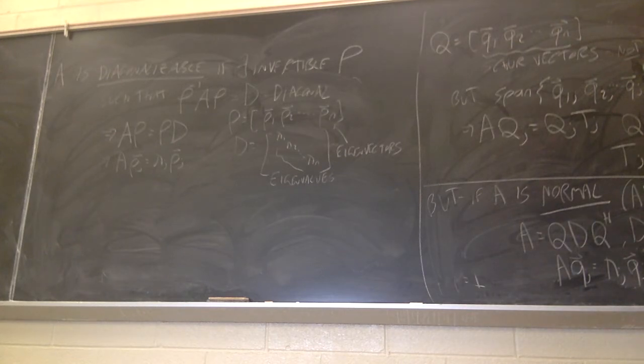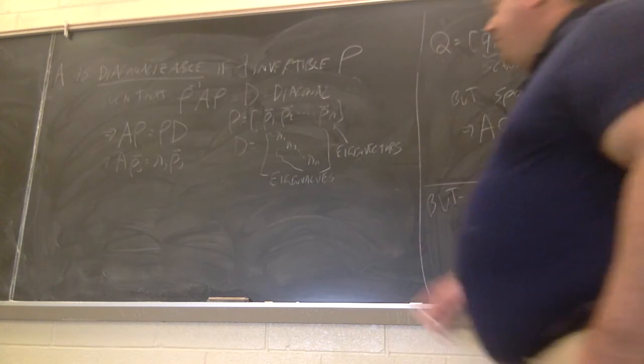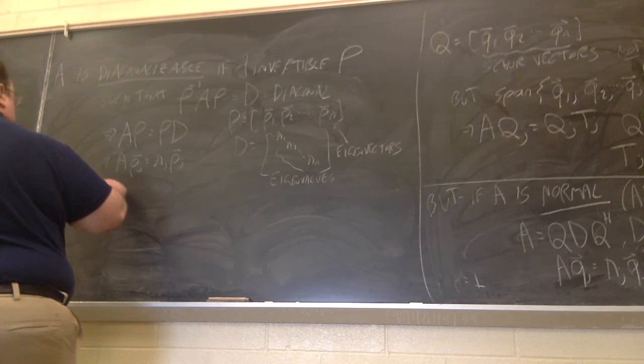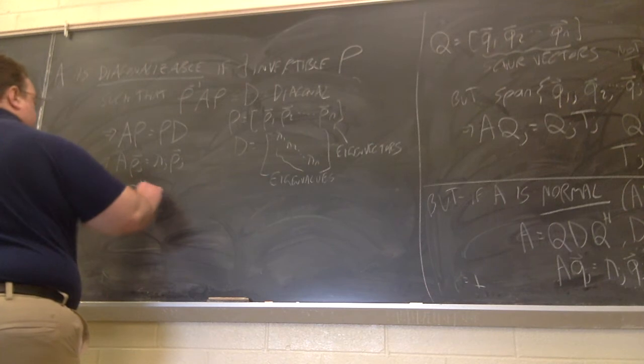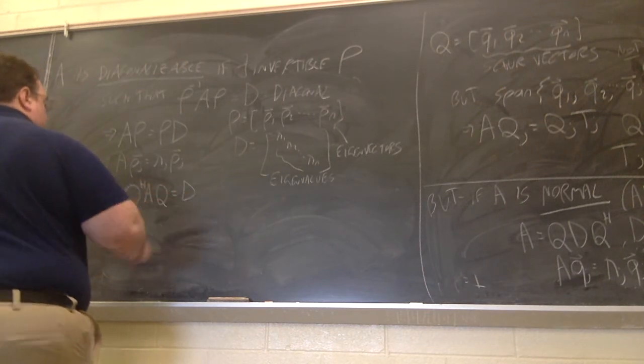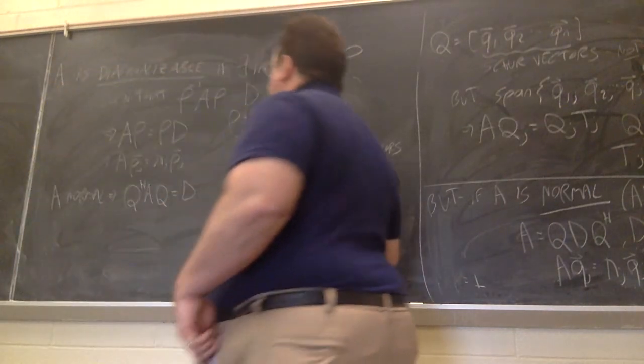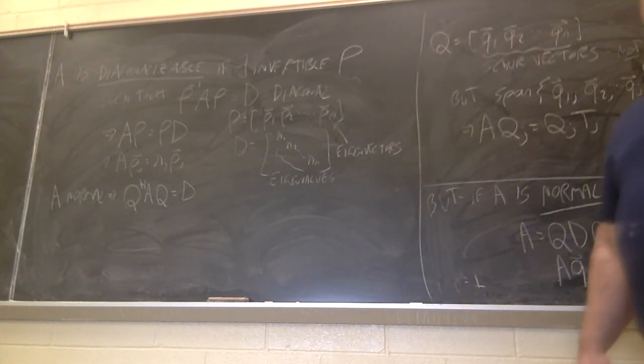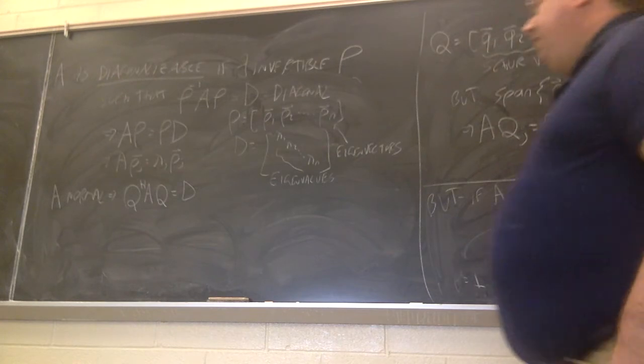Now, what I just had over here with normal matrices is a special case of that. So if A is normal, you have Q Hermitian A Q is equal to D. In other words, the matrix P that we had before is now Q, a unitary, or in the real case, orthogonal matrix.